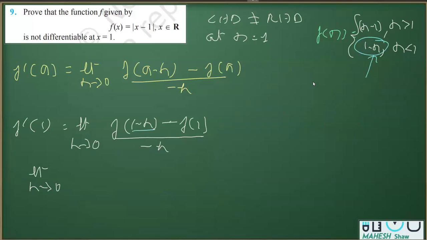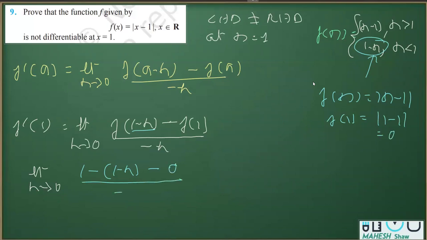So it's going to be 1 - x replaced with 1 - h. And this is f(1). So what is f(1)? f(x) = |x - 1|, that means f(1) will be 0, that is 1 - 1 = 0. That divided by -h. So finally, it's (1 - 1 + h) / (-h). This gets cancelled, which is equal to -1. So we are getting LHD as -1.